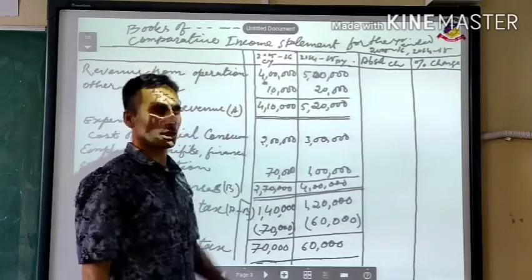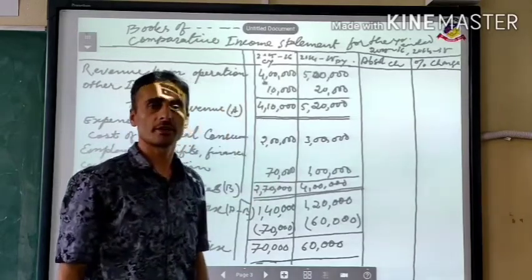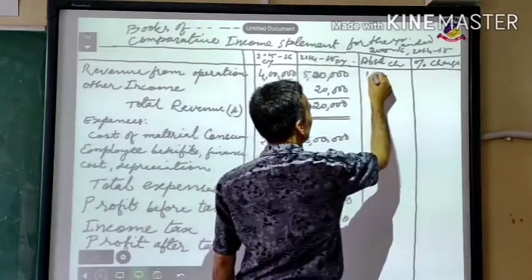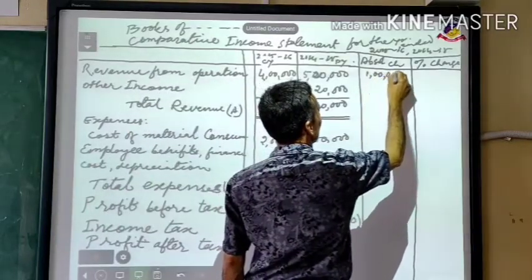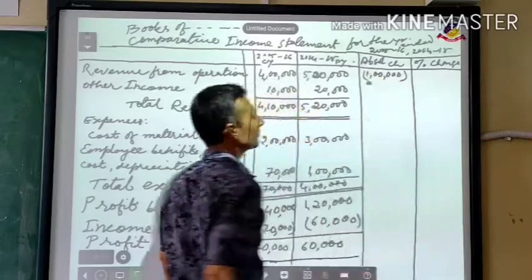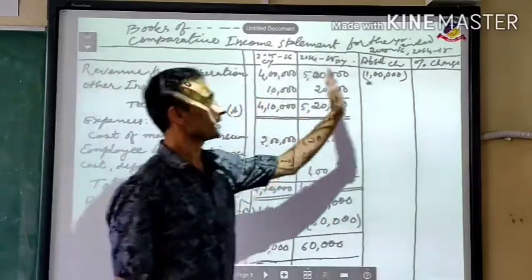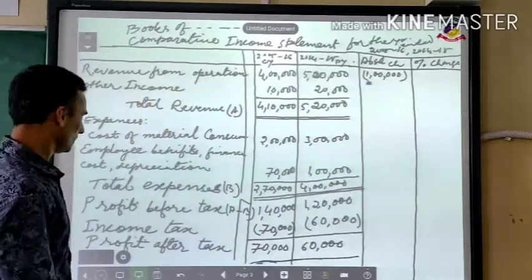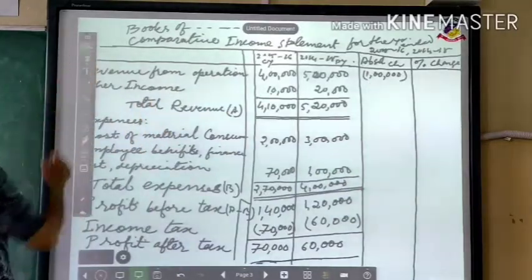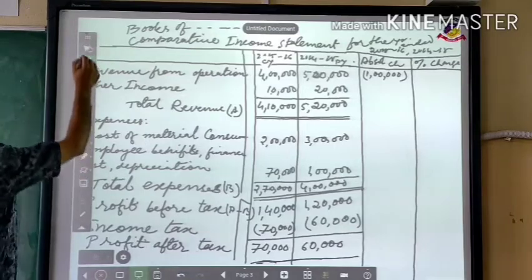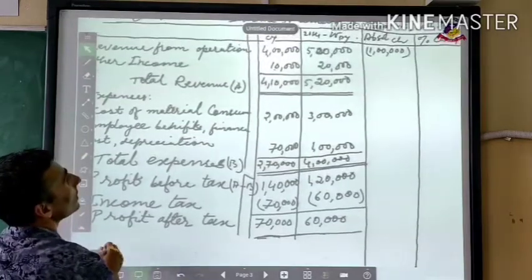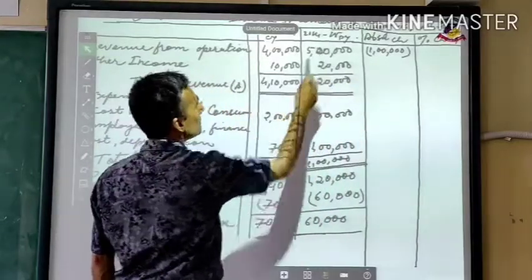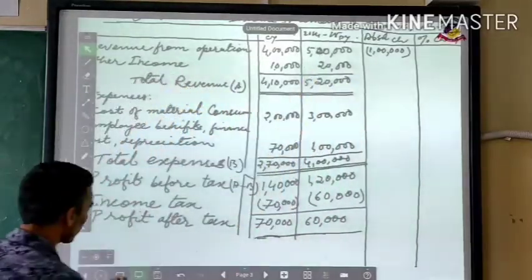So is the change on the negative side or on the positive side? It's negative because the amount is decreasing. So negative means minus 1 lakh. And then we find the percentage change. How do we find it? We have the formula.